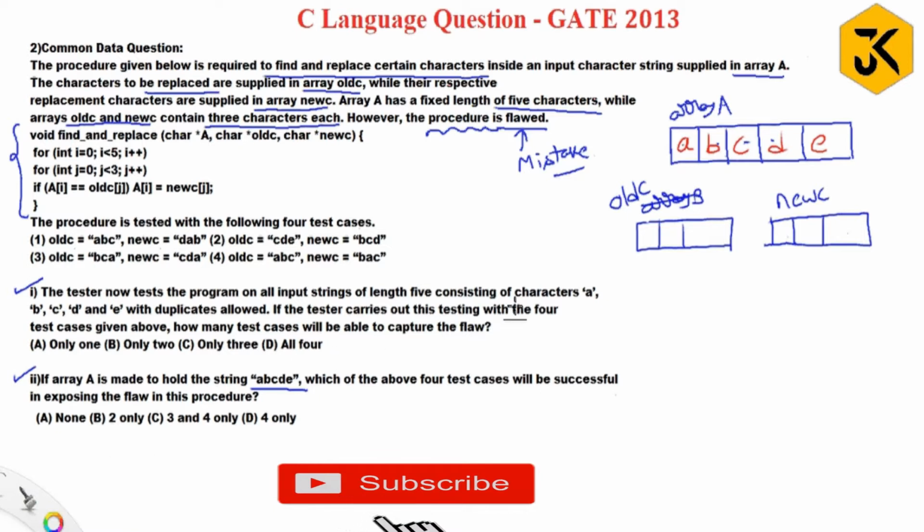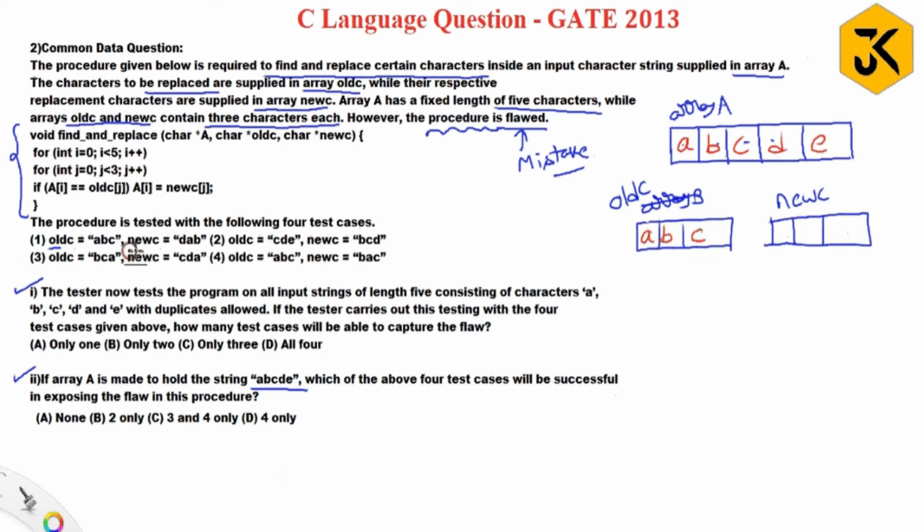I hope you understood the question. For example, I am taking the first option. First option oldC contains the values A, B, C. newC contains the values D, A, B.